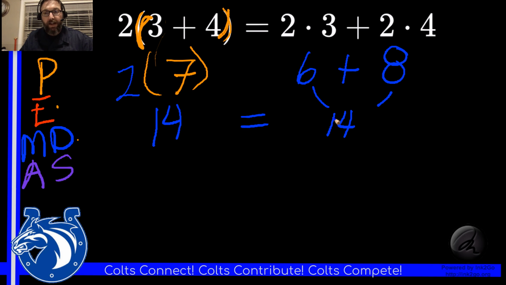Well, remember today we said that it is a balanced equation and a solution when both sides equal the same thing. 14 does in fact equal 14. So what we have just done is proven the distributive property works when we know the numbers. But what if we don't know the numbers?